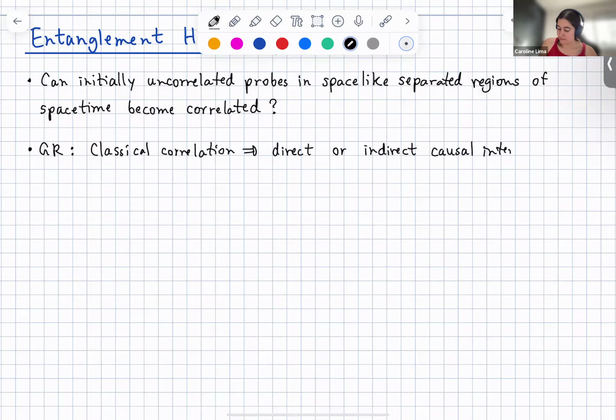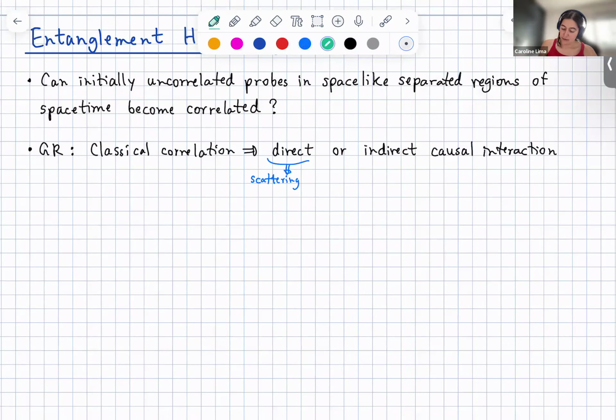By direct, you can think, for instance, of scattering or any classical field interaction.